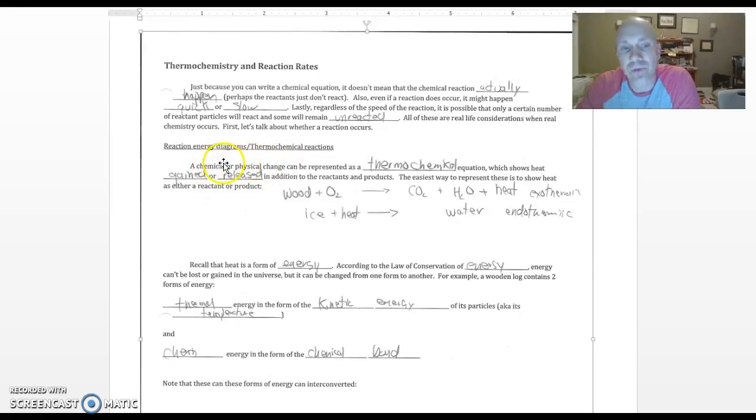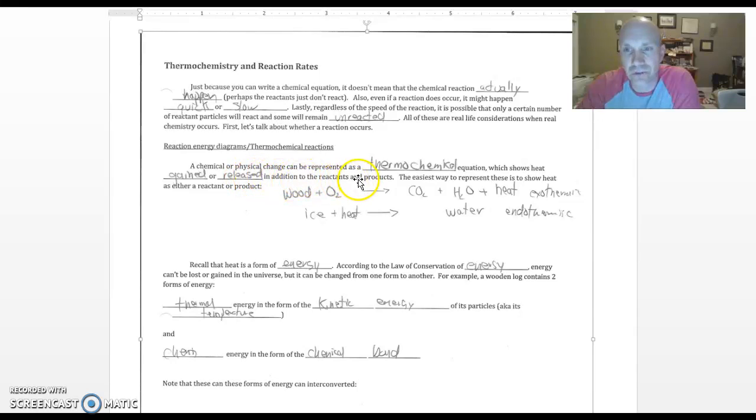So a physical or a chemical change can be represented as what's called a thermochemical reaction. A thermochemical equation is just like the chemical equations that we've done before, except that in addition to the chemicals as reactants or products, we're going to express heat that's either gained or released.